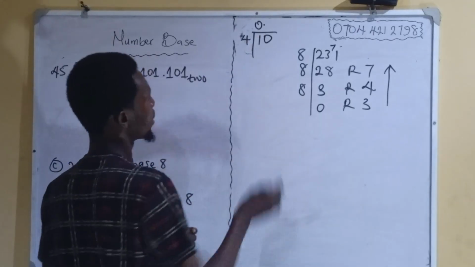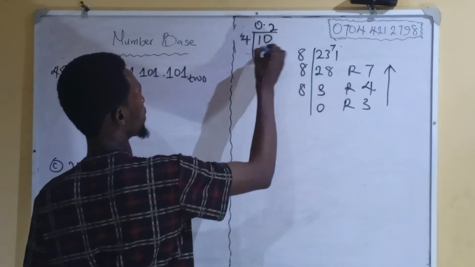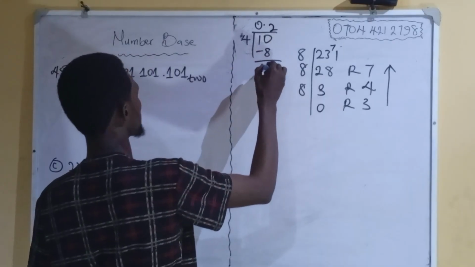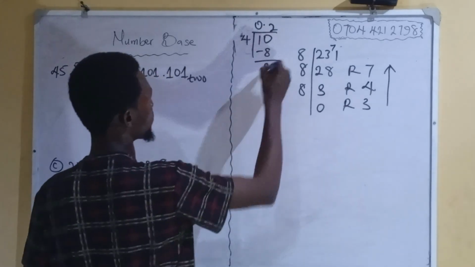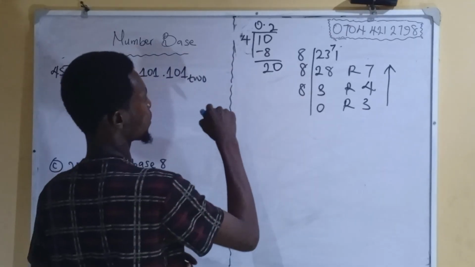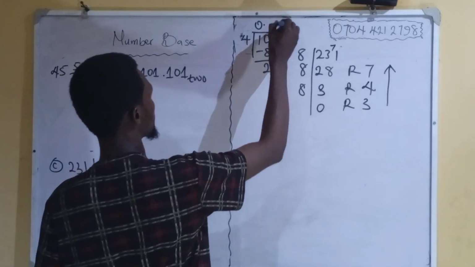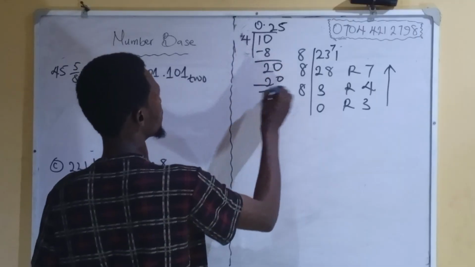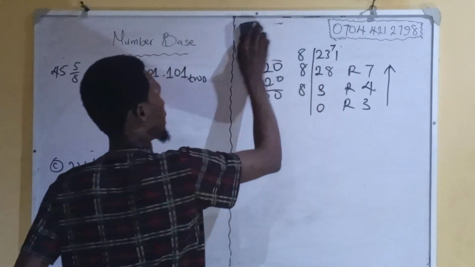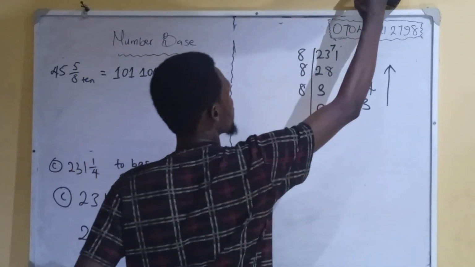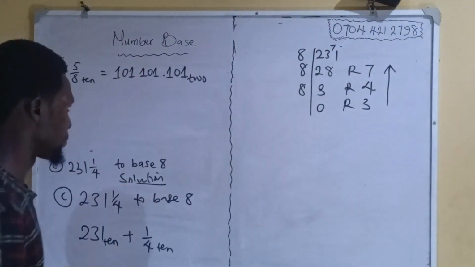So 4 divided here is 2. You have 8, and the difference is 2. 4 divides 2 cannot, you multiply by 10. 4 divides 20, and that is 5. So please remember this. So we have 1 over 4 to be 0.25.